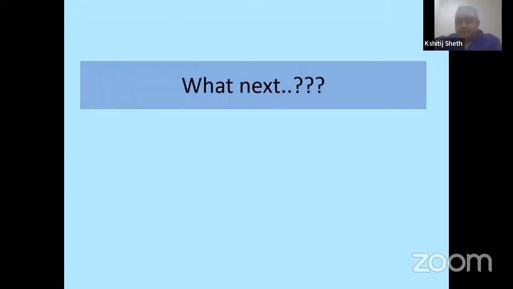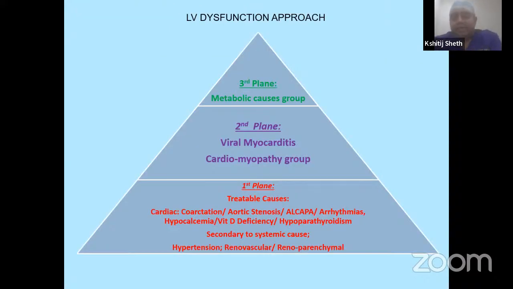So what next? This is the investigation chart which we usually follow whenever there is a child with LV dysfunction. So in the first plane of investigation, we always try to look out for treatable causes of LV dysfunction. So it could be a cardiac cause like coarctation of aorta or aortic stenosis or anomalous origin of left coronary artery from pulmonary artery, that is called ALCAPA.